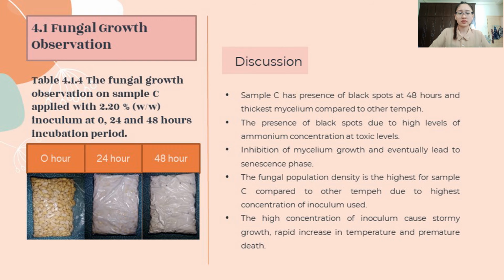This caused the inhibition of mycelium growth and eventually led to the senescence phase. The fungal population density is the highest for sample C due to the highest concentration of inoculum used. The high concentration of inoculum caused stormy growth, rapid increase in temperature, and premature death of the fungi.